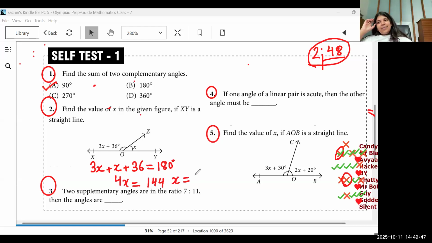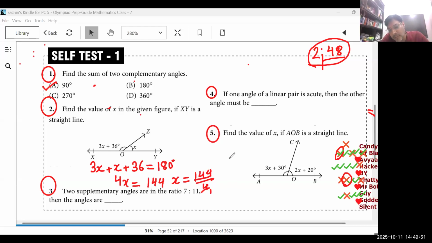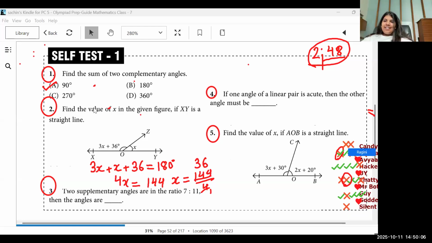And so we divide it by 4. So what do you get? 30. 30? So 36. 36. So I accidentally sent the value of 4x.